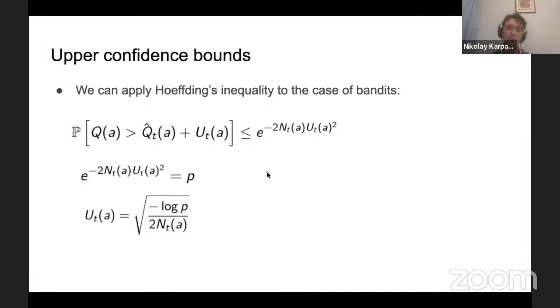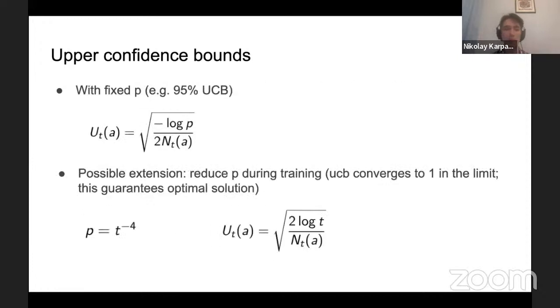So for example, we want the upper confidence bound for 95% probability, and thus we can estimate this upper confidence bound, this statistic that we add to the sample mean, as the square root. Yeah, so I believe this is relatively common in statistics to estimate the upper confidence bounds this way.